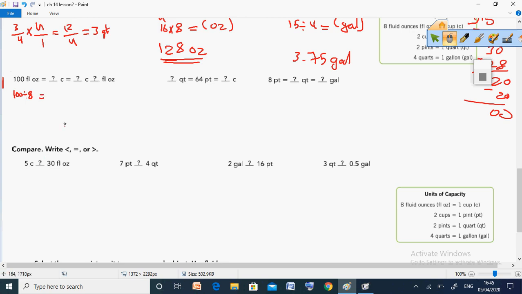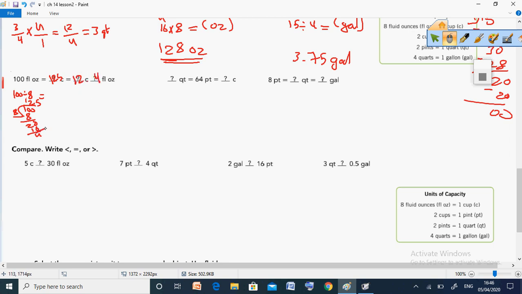I will divide 100 by 8 is 1, 8, 20 is 2, 16, 4 is 12.5, so it's 12.5 cups, or 12.5 is 100 fluid oz. Or I can say 12 cups and 4 left over.